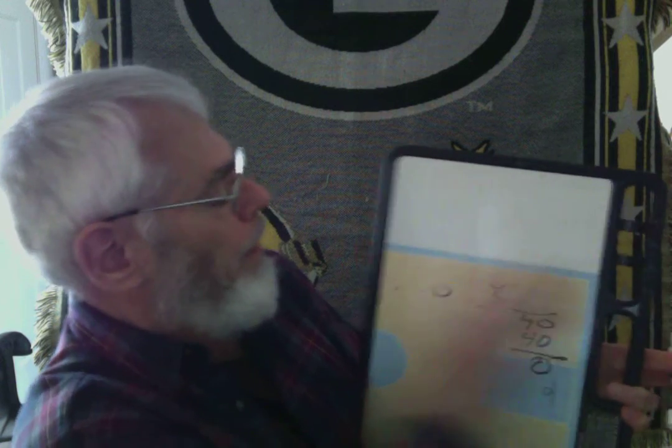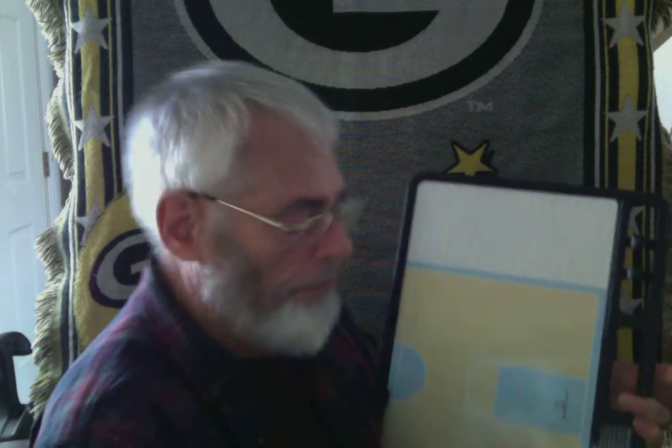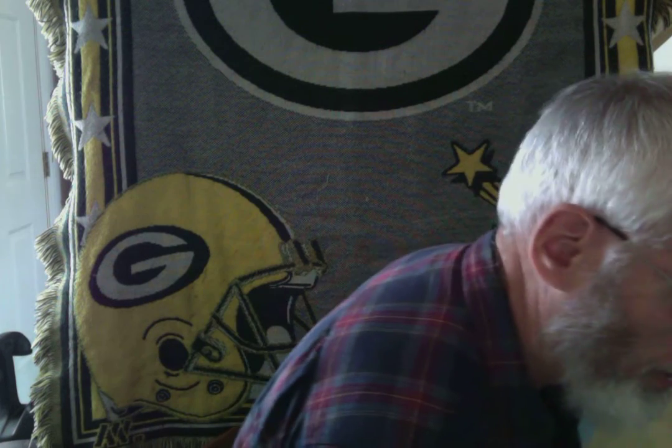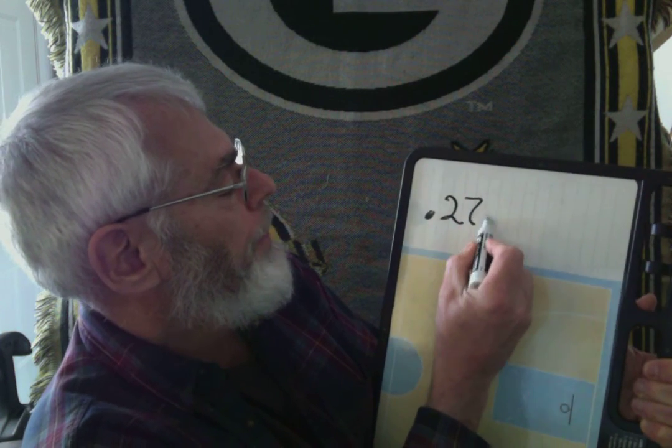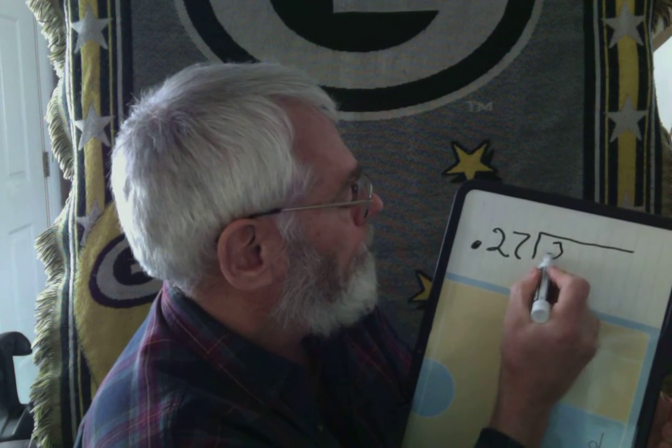Okay, so now one more example, because this is probably going to finish out our math next week, is doing division with a decimal divisor. The problem that we have, it's in the book on page 293 actually. So we have 0.27, and we divide that into 2.16.